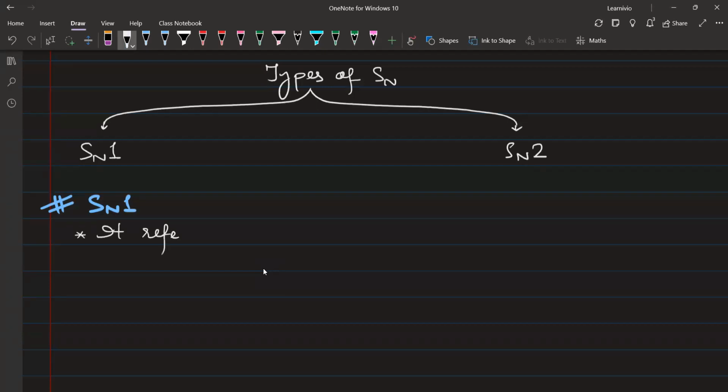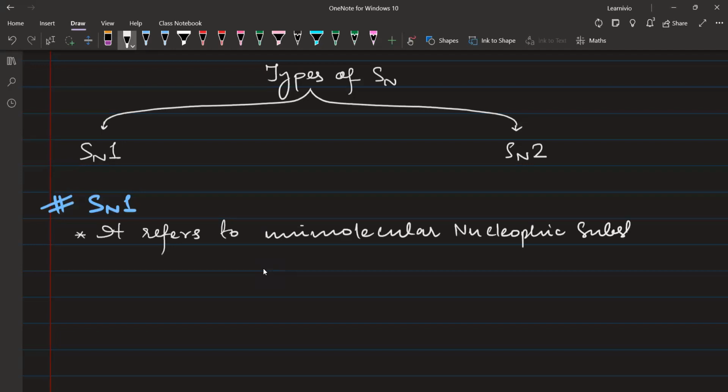It refers to unimolecular nucleophilic substitution.